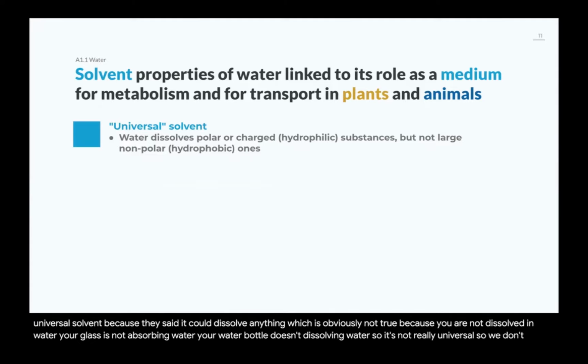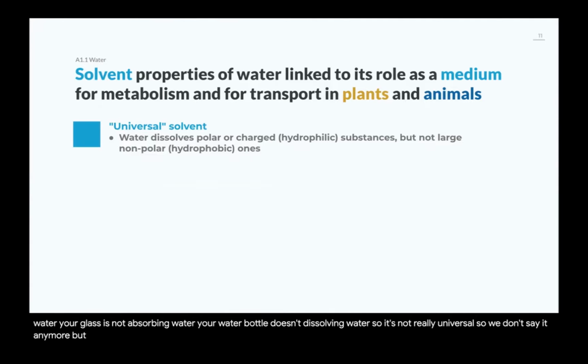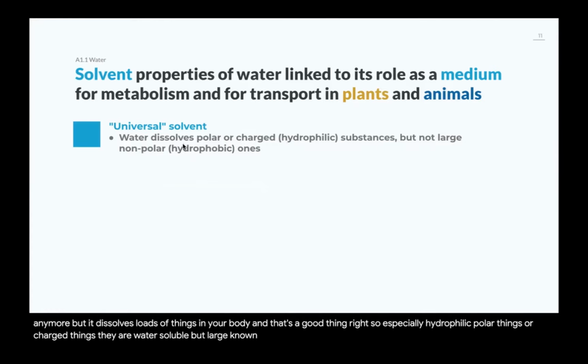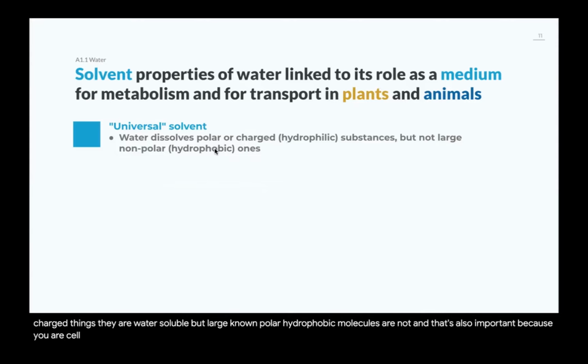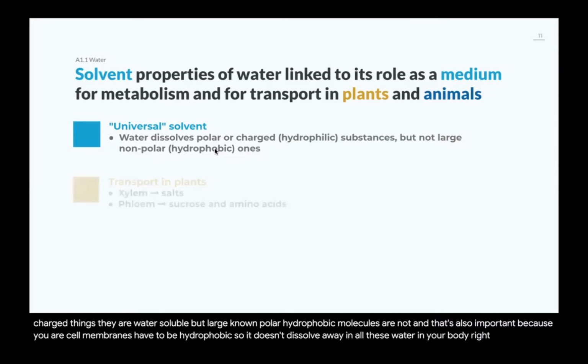So we don't say it anymore, but it dissolves loads of things in your body, and that's a good thing, right? Especially hydrophilic polar things or charged things, they are water soluble, but large non-polar hydrophobic molecules are not. And that's also important because your cell membranes have to be hydrophobic so they don't dissolve away in all this water in your body, right?